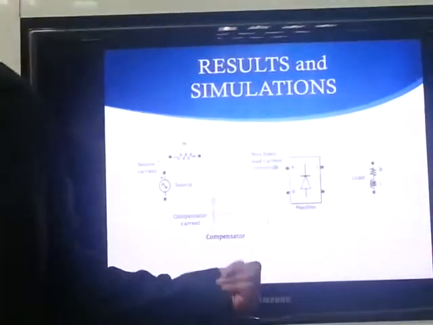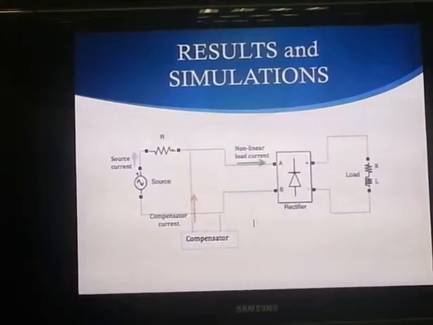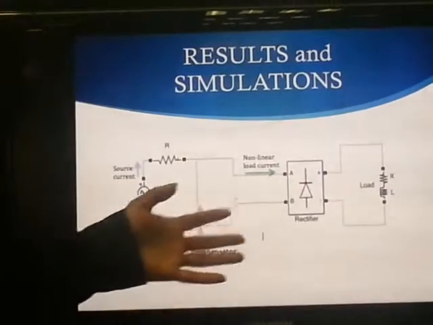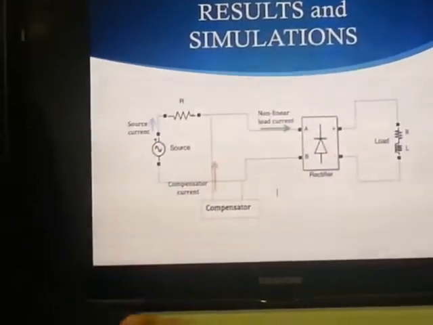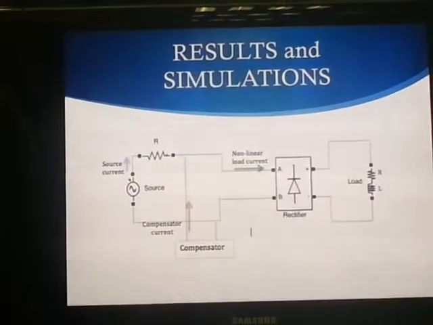Here it shows a diagram which I have implemented on MATLAB as to how I have tested my active filter compensator on a load which was an uncontrolled bridge rectifier consisting of diodes with an RL load.